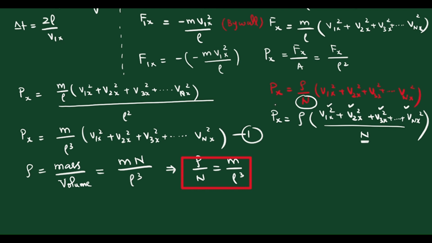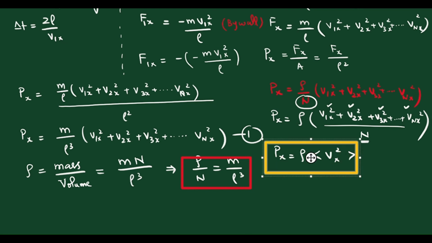If we divide the sum by the total number of terms, we will get the average value. The Px will be equal to the density and the average value of vx square. This is our result in x direction.